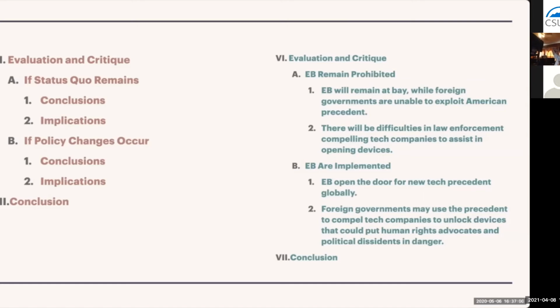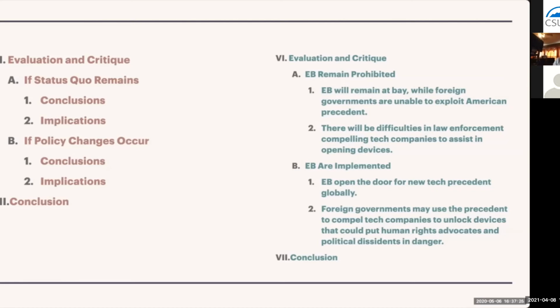You notice the wording in there. It could put human rights advocates, may use the precedent. We're couching these in language that is in line with a prediction. Whereas there's a higher confidence yield, because whether or not encryption backdoors are implemented is a hypothetical.